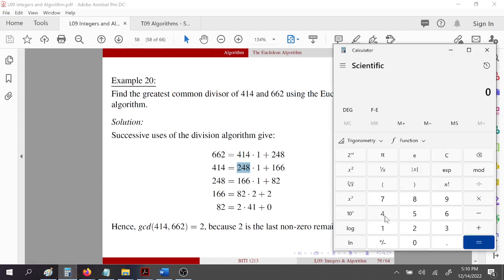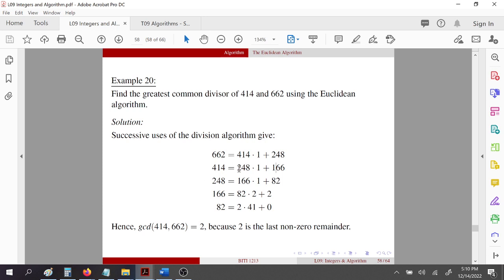Just 414 minus 248, and then you obtain 166. Is this number less than 248? The answer is yes. Since this number is less than 248, you can write the balance like this: 414 equals 248 times 1 plus 166.